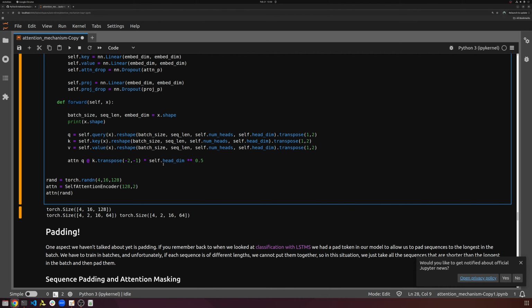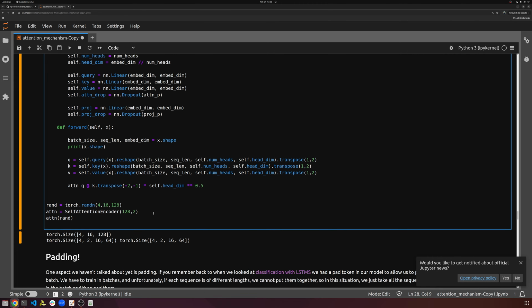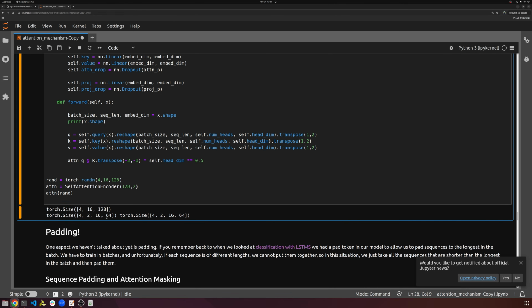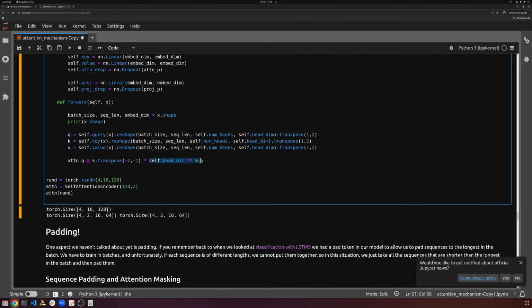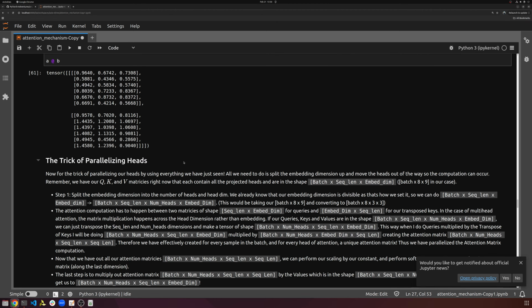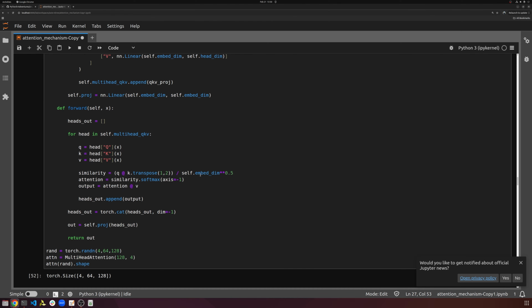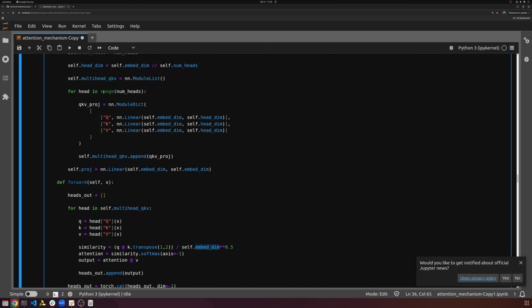So do notice one thing here. Now that our matrix multiplication is happening on an embedding dimension of 64, because every attention matrix is actually happening on this embedding dimension, we do our scaling on the head dimension, not the original embedding. Did I do that correctly earlier? So this is actually incorrect. This should be head dim.